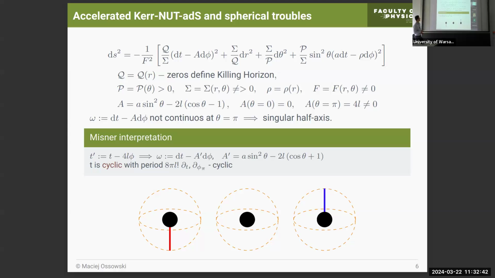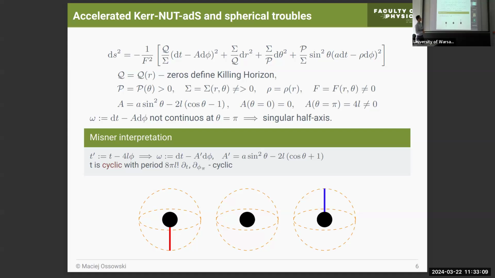And also we have this function capital A, which has the same term as on the previous slide. And well, it doesn't vanish at one of the poles. So this fact makes this one form omega not continuous at one of the poles, which you can check by using some Cartesian coordinates that it's actually not well defined there.